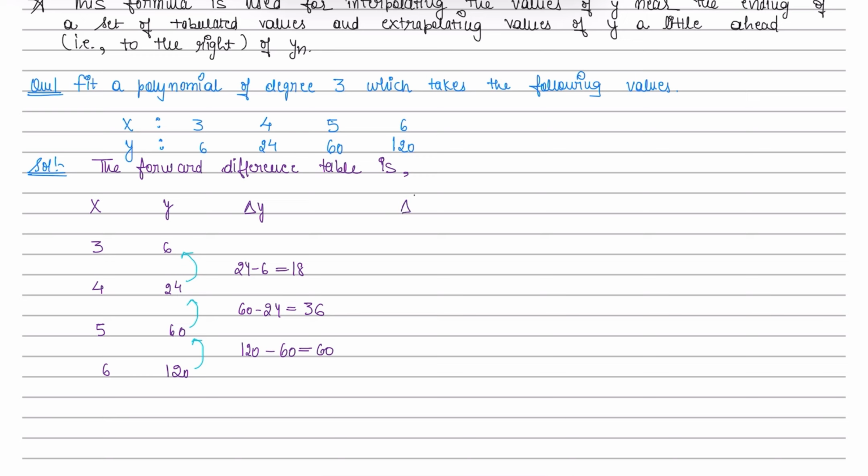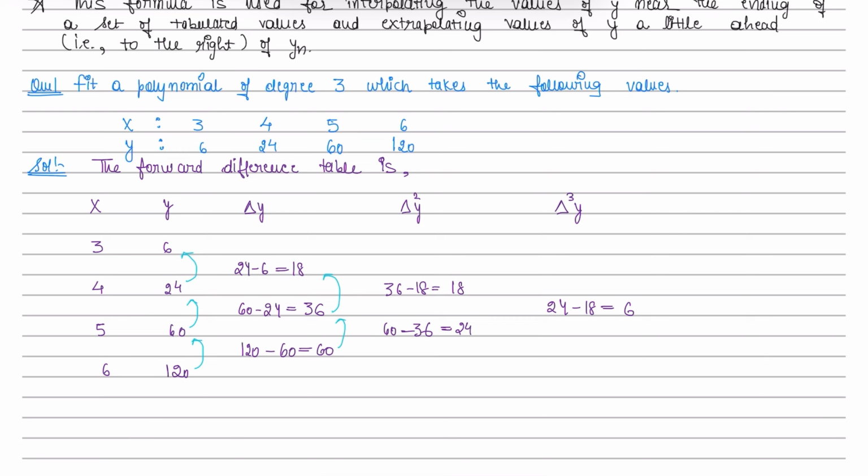For the second difference, we subtract 36 minus 18, which equals 18. For the next value, it will be 60 minus 36, which equals 24. And we will be left with the last difference, which will be 24 minus 18, which equals 6.